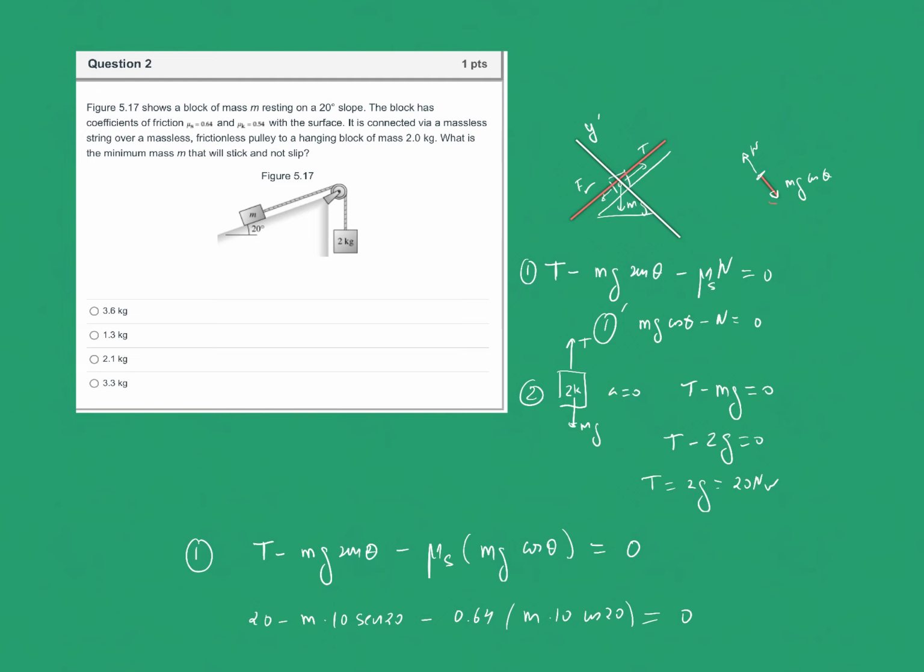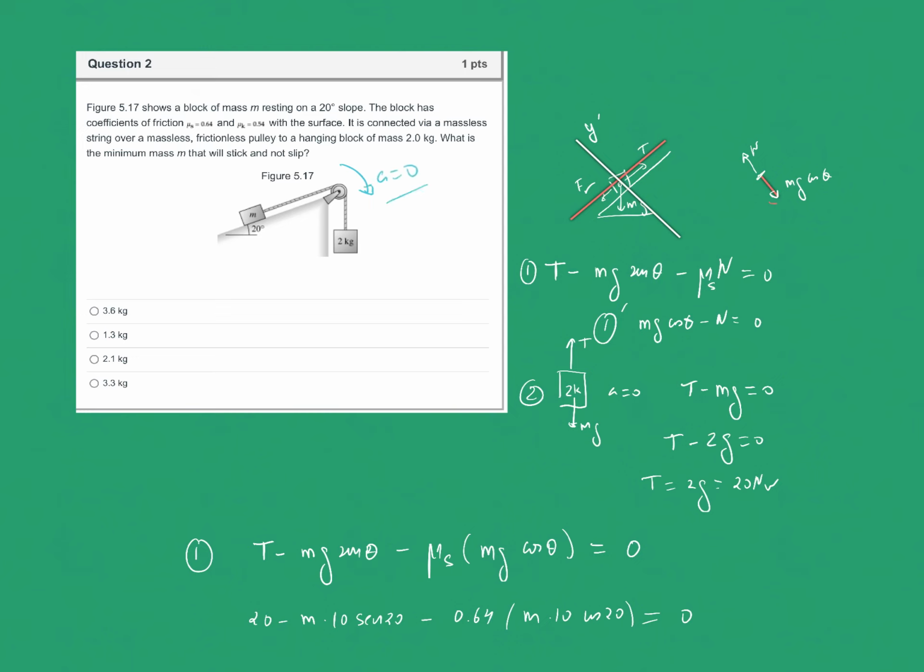Okay, so on the object of little m, there are three forces acting. The tension pulls the body m in this direction. I'm imagining that the motion, if it takes place, will be in this direction, but the acceleration is zero.